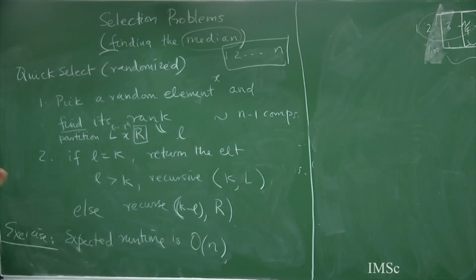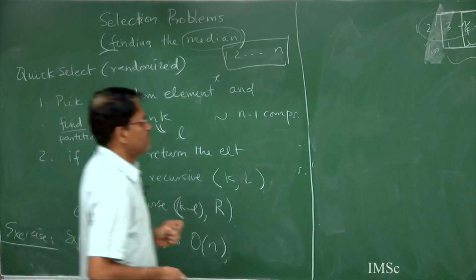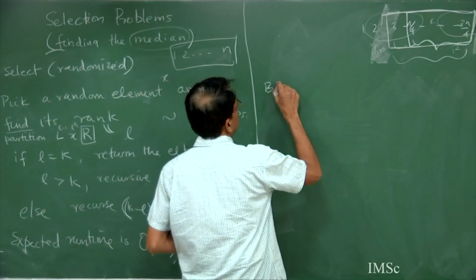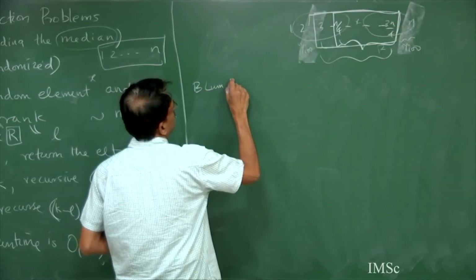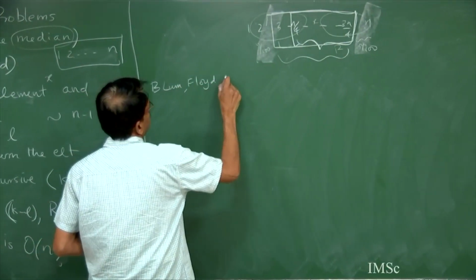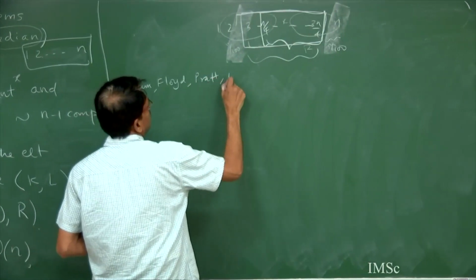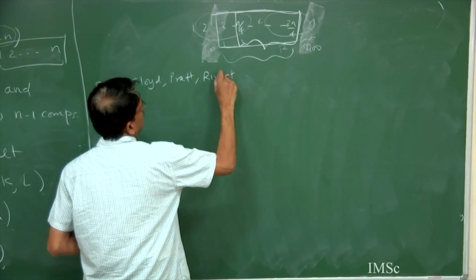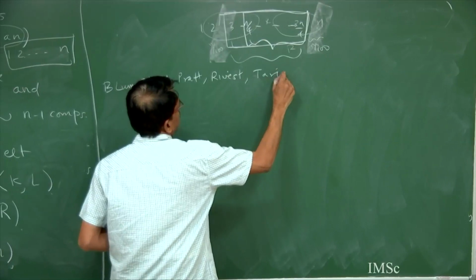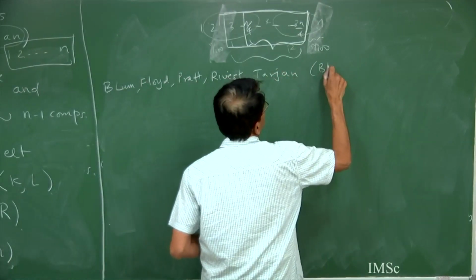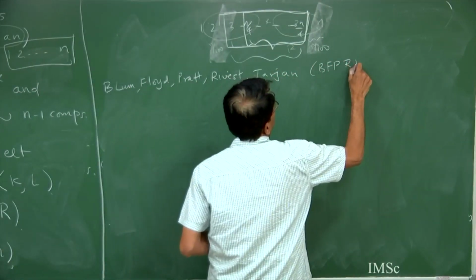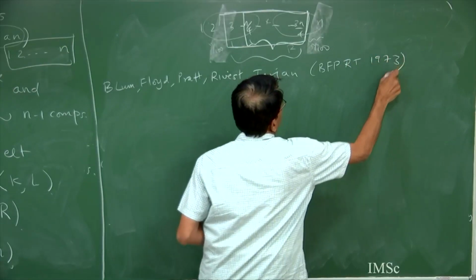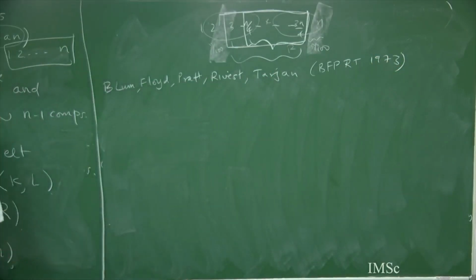Okay. So, now based on this intuition, these 5 authors, Blum, Floyd, Pratt, Rivest, and Tarjan, sometimes it is called BFPRT. In 1973, they came up with the following linear time algorithm to find the median.